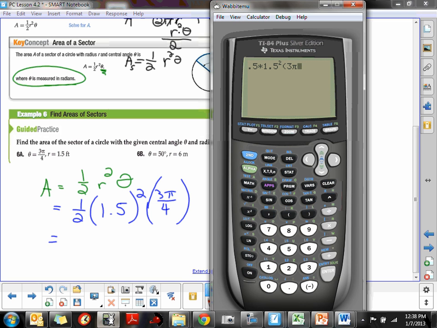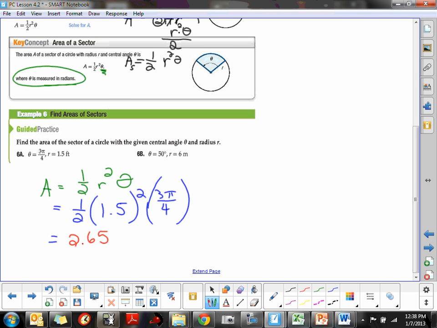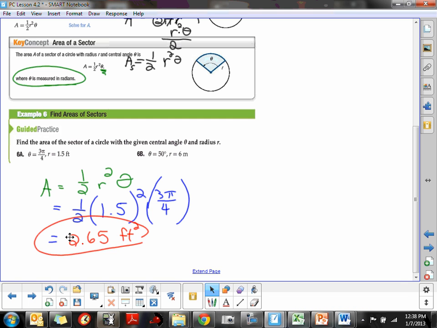That should be the area of our sector, which should be 2.65 square feet. Area of a sector: pretty straightforward. They provide you with a formula, you plug it in and crank out the numbers.